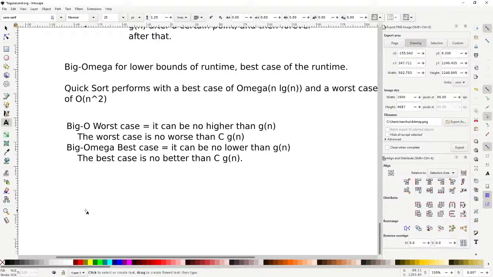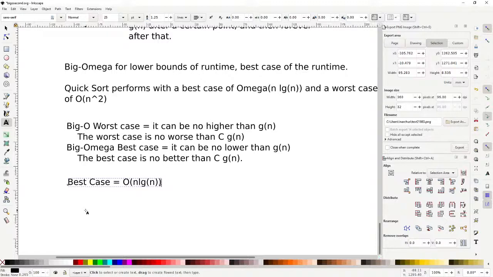So a lot of times, and here's the thing, I don't really care if you're very careful with that, because if I say what's the best case and you say O of n log n, what I assume is that you mean that the best case is some constant times n log n.